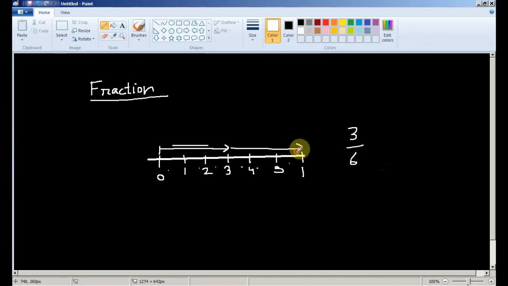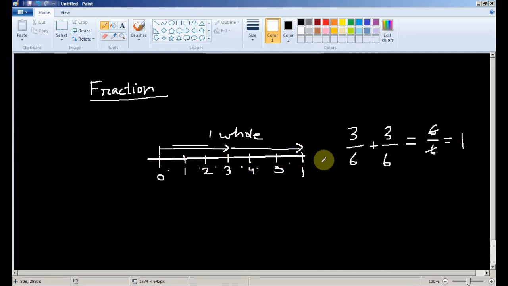This part represents also 3 out of 6. And together it is 6 out of 6. So this makes it 1 whole. Okay, so usually I can show you this in a different way, but you get the idea, right?